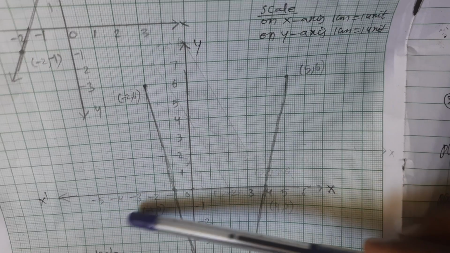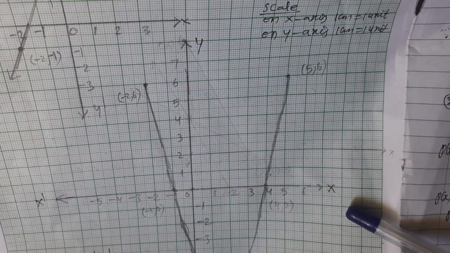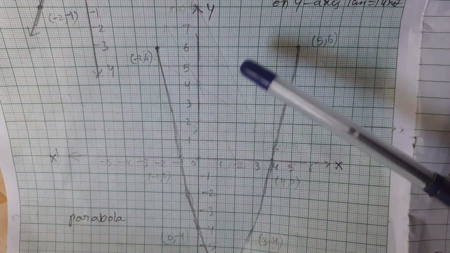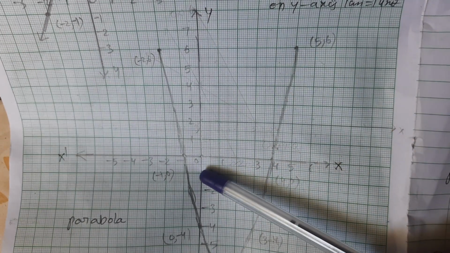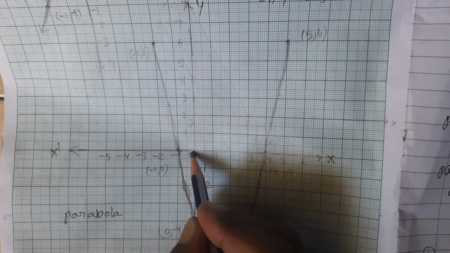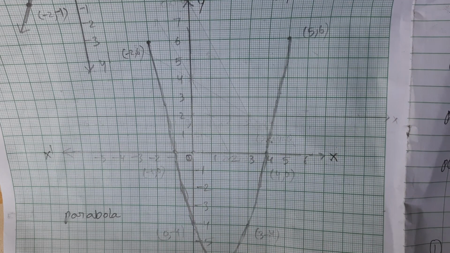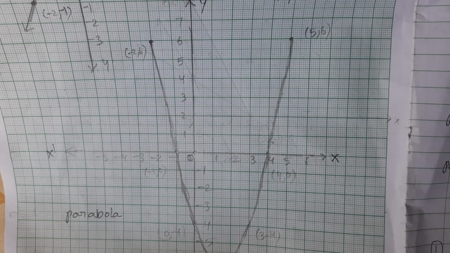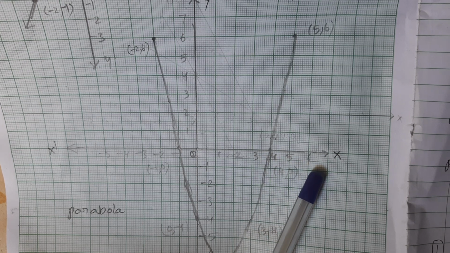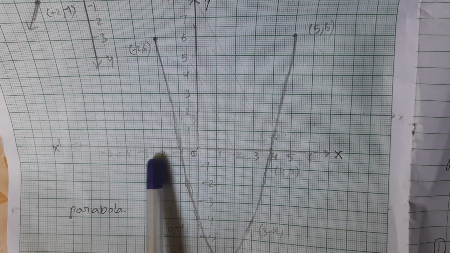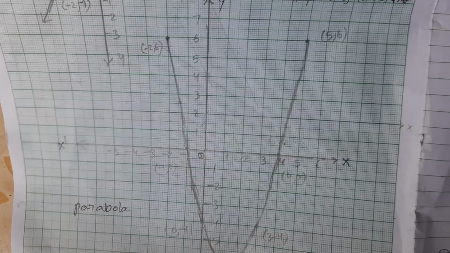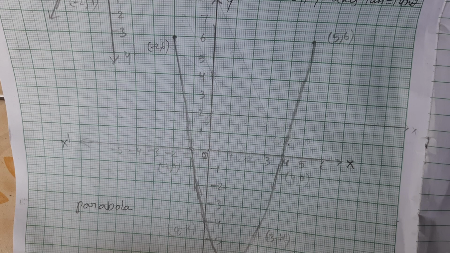Now x-axis is the horizontal line, y dash y is the vertical line, where it meets is the origin, 0 comma 0. 1 2 3 4 5 6 like that you write. Left hand side minus 1 minus 2 minus 3 minus 5. If you know plotting the points, you can understand very easily.